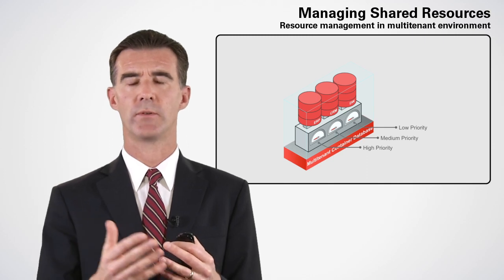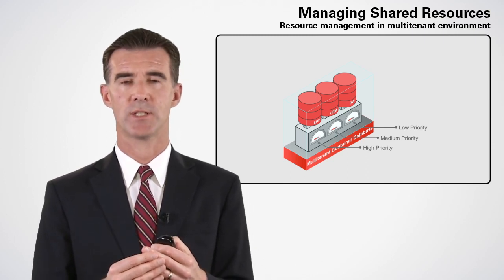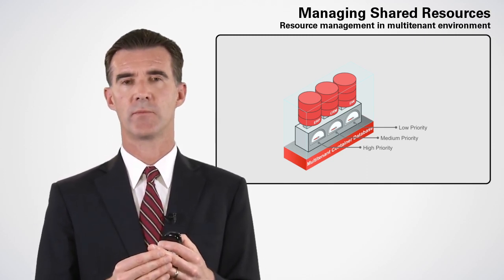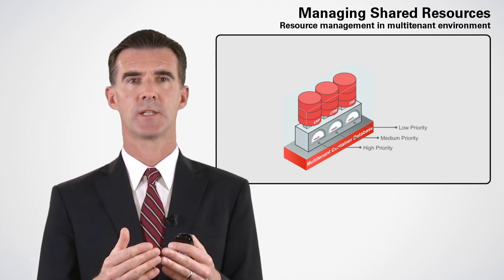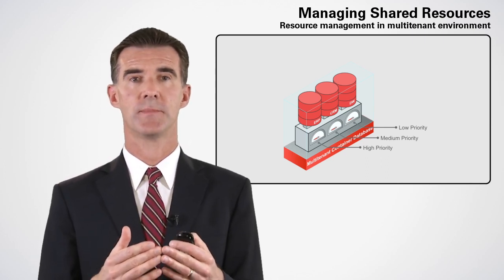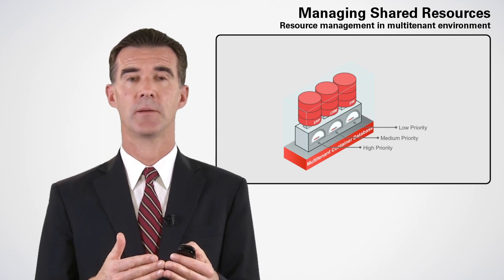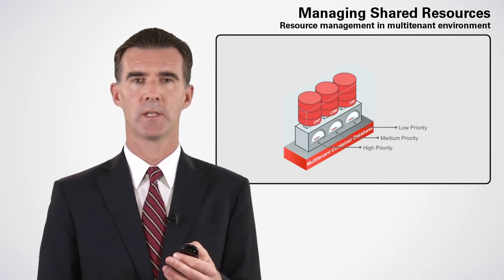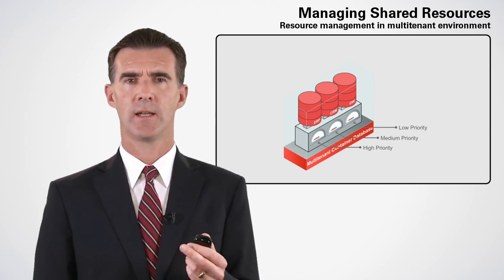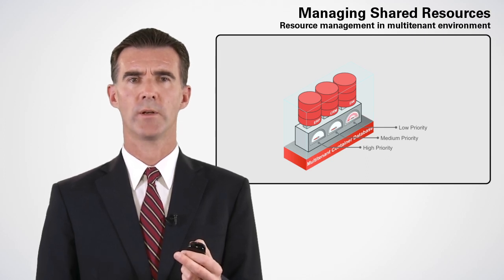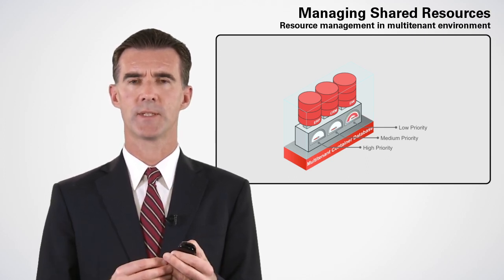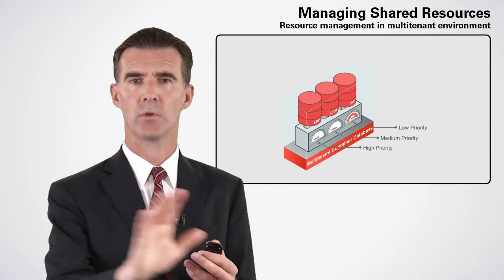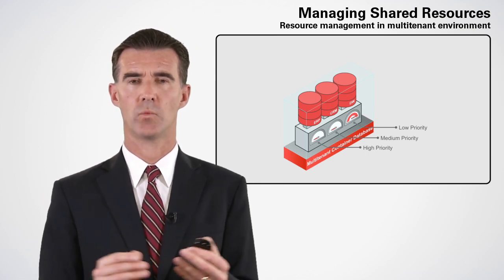Let's say in this example we've got 3 PDBs, 3 applications, plugged into an environment where they have different priorities. So DW is low priority, CRM medium priority, and ERP, let's say, high priority. What we'd like to think is that if nothing else is going on, why not let the low priority system have access to all the resources in the environment? Why not?